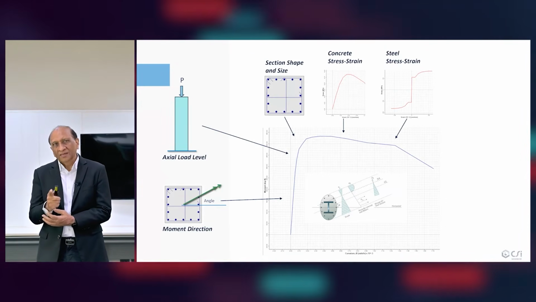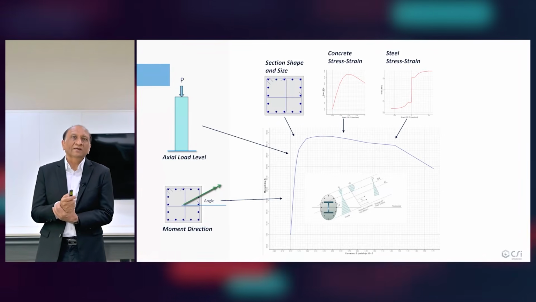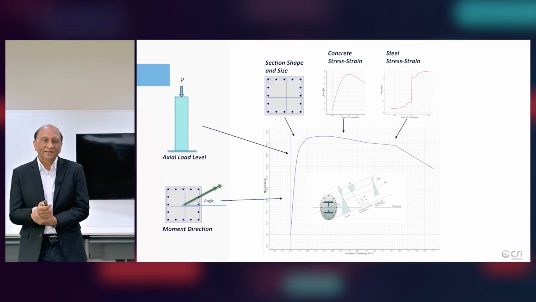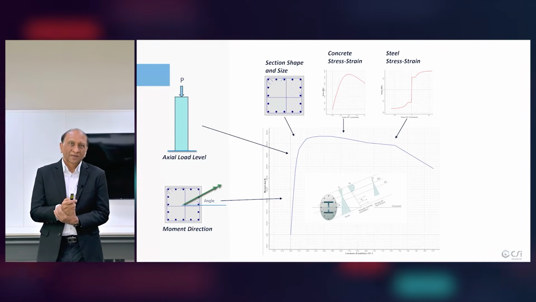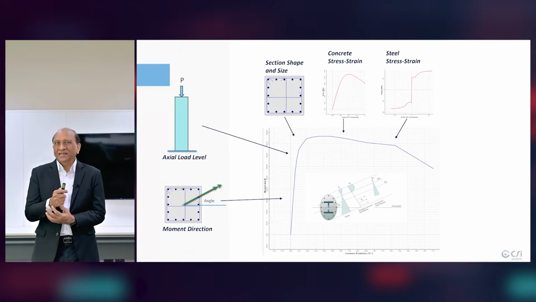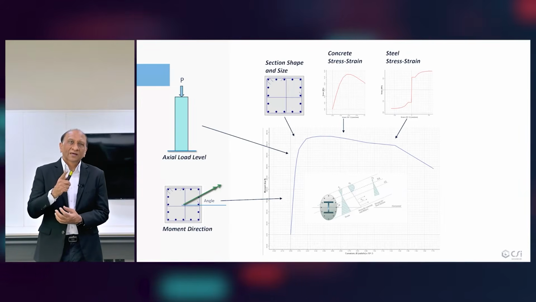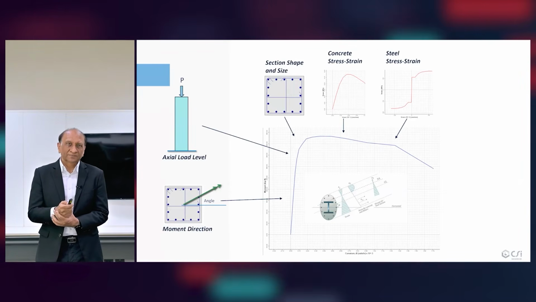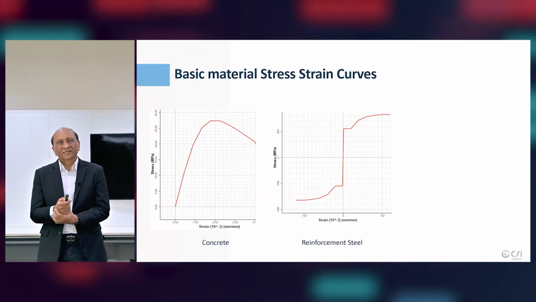Now, out of these, one of the important ones is the concrete stress strain curve, because this can be modified or affected by the confinement of the cross section. So that is something that we can look at, because that can give us a tool to modify the stress strain curve without changing other parameters. So basic material stress strain curve is like this, that is steel, that is concrete.